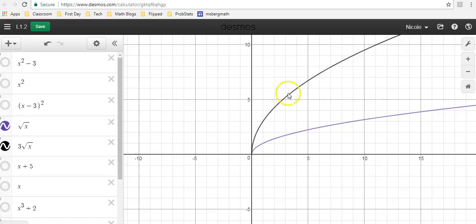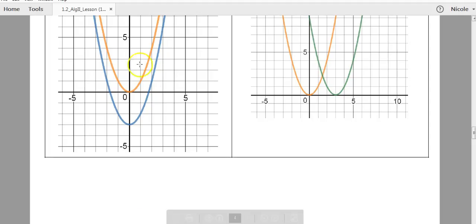Like this one is at (4, 6), when it should be at (4, 2), and this one's at (1, 3), should be at (1, 1). So it's being stretched from the x-axis here, as you can see, and it's a vertical stretch by a factor of 3, because this is originally at (1, 1), and now it's at (1, 3), so 1 times 3. And then you need to graph that one as well.